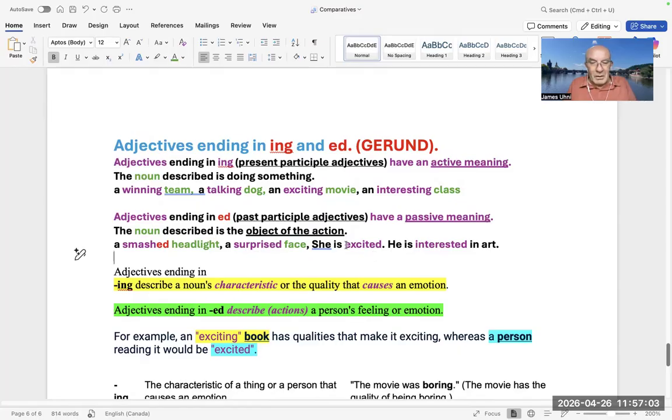Wow. Excited is adjective, right? He is interested. Interested is adjective. So I can leave this in, or I can just delete it and leave he is interested.